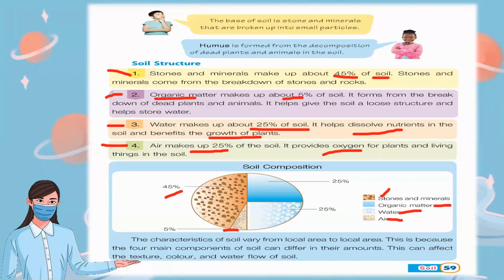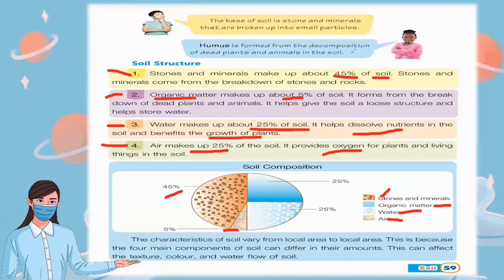Third, we have water. Water makes up about 25% of soil. It helps dissolve nutrients in the soil and benefits the growth of plants. And the fourth is air. Air makes up 25% of the soil.